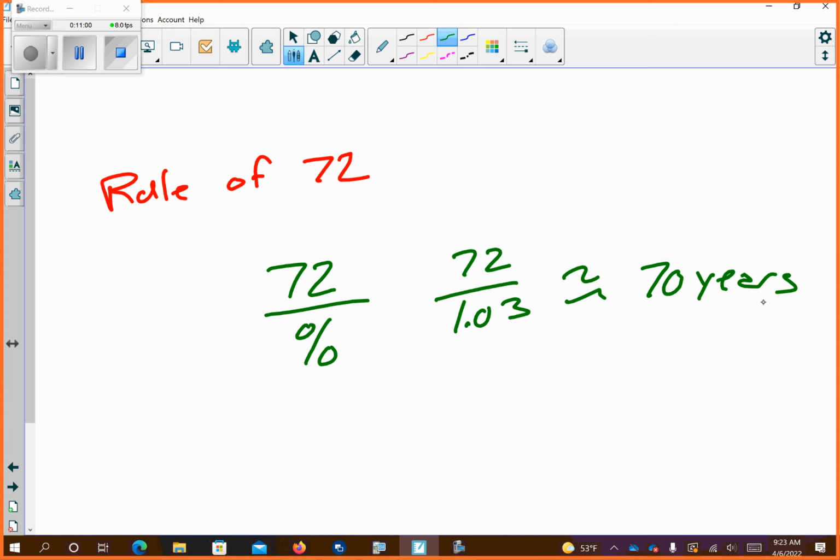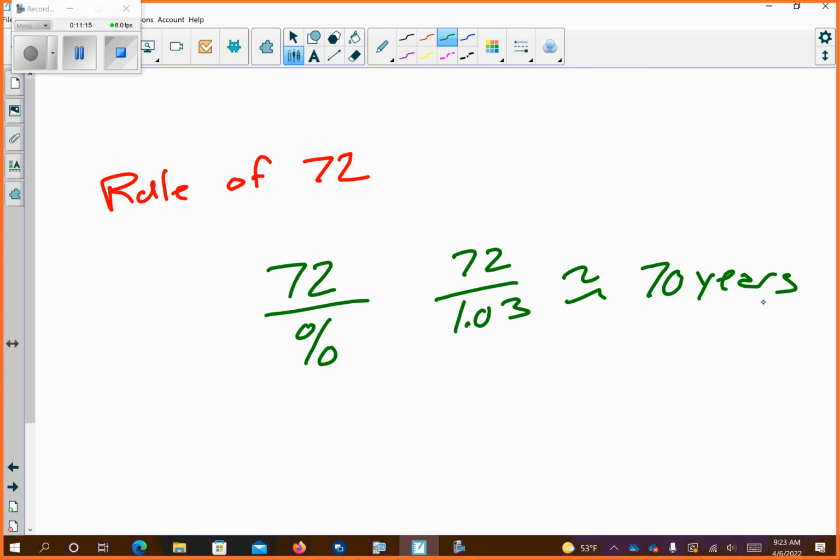That's horrible. I mean, could you imagine if you put in $10,000, for that $10,000 to become $20,000, you would have to leave it there for 70 years?